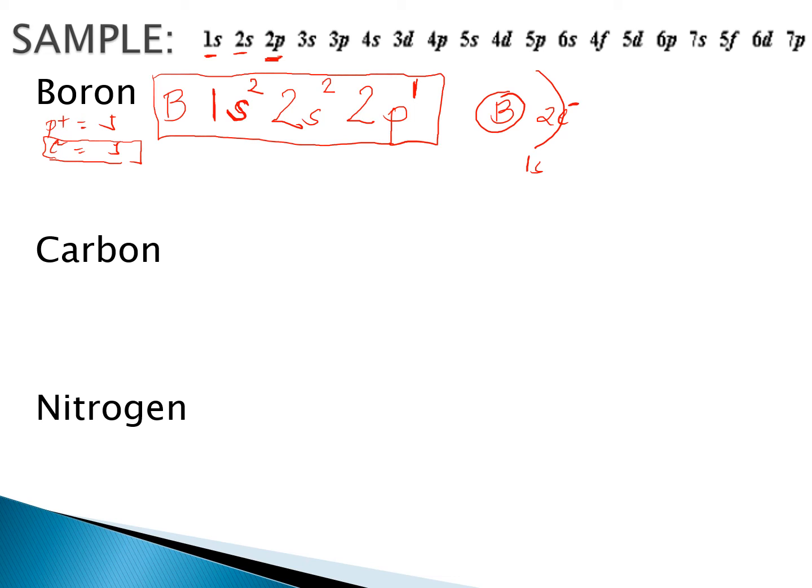And then next, second energy level. So, we have here 2s and 2p. There are 2 electrons for 2s and there is 1 electron for 2p. So, 2 plus 1, the answer is 3 electrons. Ayan. So, that is the half shell diagram for boron.